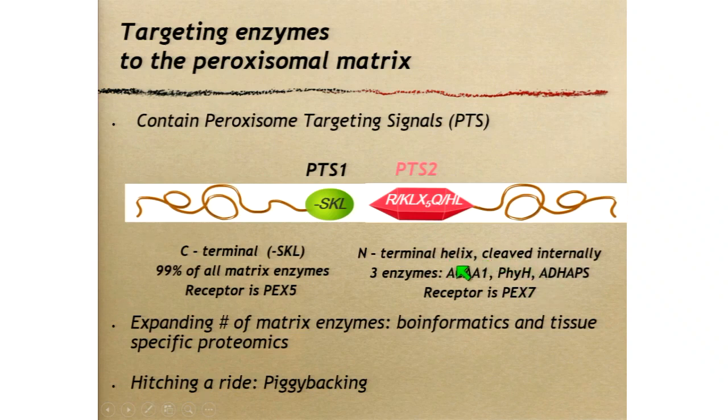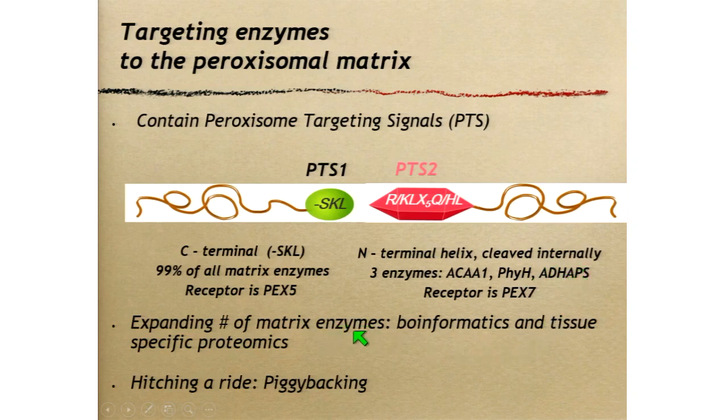And there are three well-characterized PTS2 enzymes. There may well indeed be more that are tissue-specific or timing-specific. And this includes thiolase, which we know is redundant, and also the phytanoyl-CoA hydroxylase to alpha-oxidize phytanic acid. And this enzyme I just spoke to you about, which is important in plasmalogen synthesis.